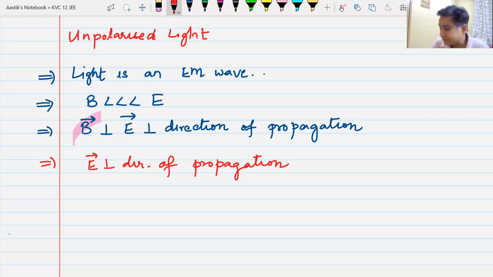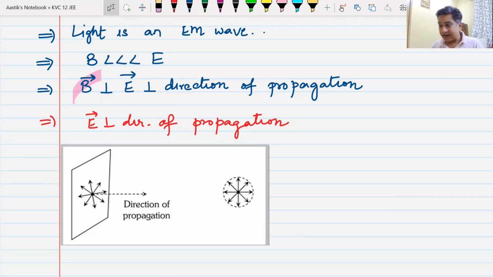Yes or no? So I will try to make you understand with the help of a diagram. You may draw this diagram, you may not draw this diagram. It is not very important, but the importance is to understand it. So if I say that light is propagating along x-axis, and this is your x-axis, the magnetic field we are only neglecting. The electric field can be anywhere in the YZ plane. You can see this plane is the YZ plane.